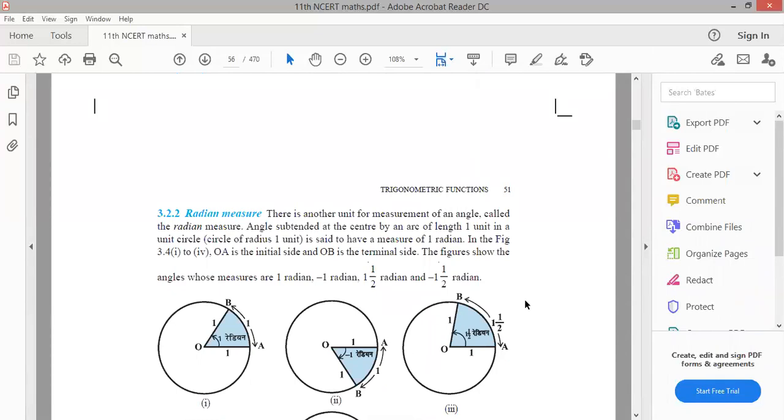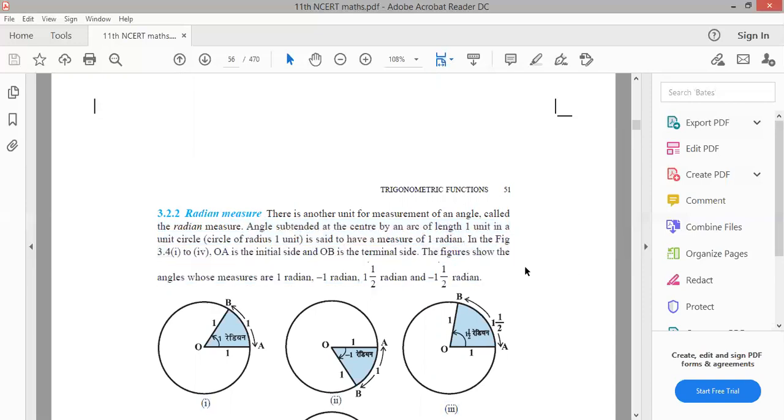First of all, let's define radian measure. This is the next type of measurement of angles. The angle subtended at the center by an arc of length 1 unit in a unit circle, where a unit circle means a circle of radius 1 unit, is said to have a measure of 1 radian.